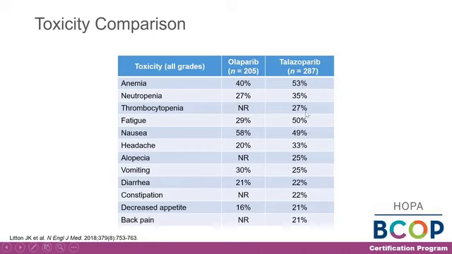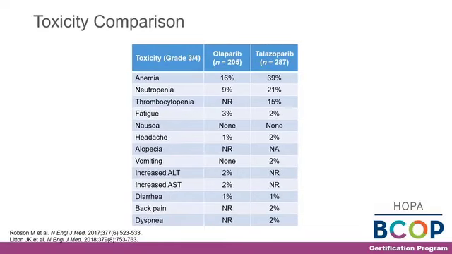Thrombocytopenia wasn't reported for olaparib, but talazoparib does cause thrombocytopenia. Fatigue was also higher looking at both of these drugs, whereas nausea is higher with olaparib and may require oral pre-medication for some patients. Vomiting was similar, and the rest of these side effects are also either similar or not reported for olaparib.